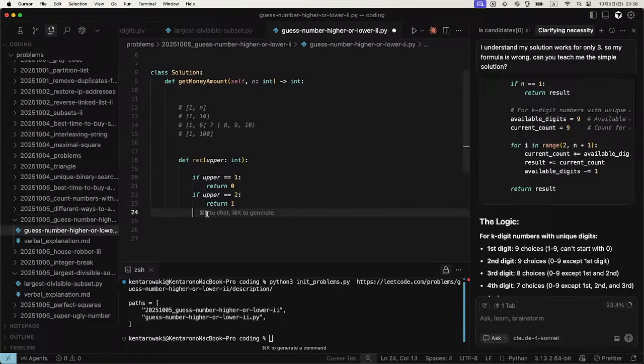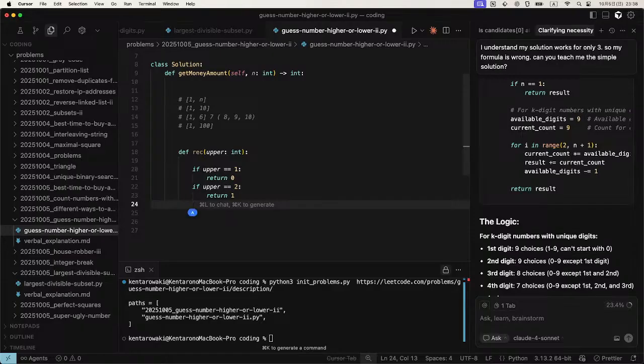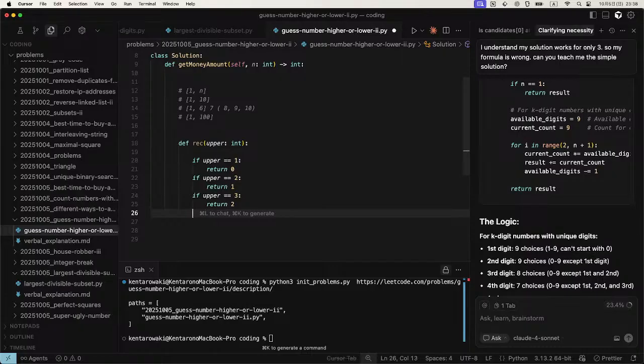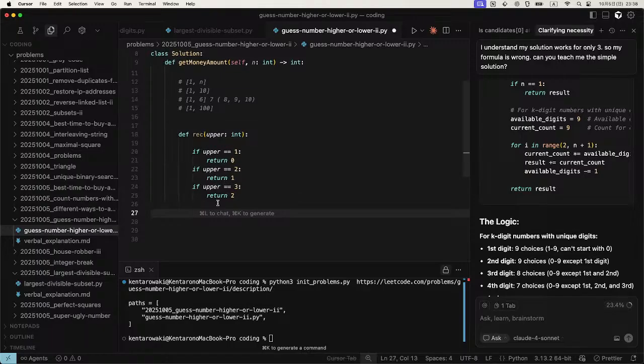And if upper is 3, 1, 2, 3, so we guess 2. And the worst case is 2. Here is a base case.